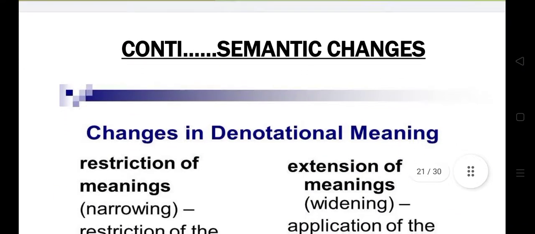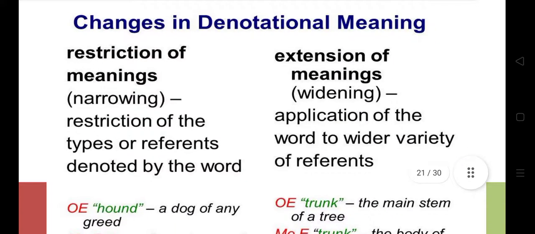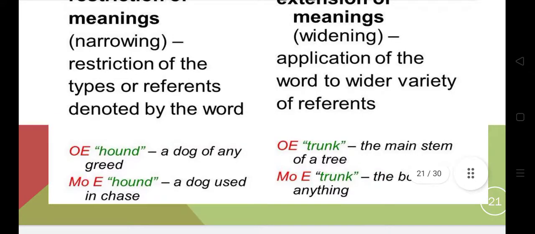Then semantic changes in denotational meaning. Restriction of meaning, that is narrowing, is a restriction of the type of thing denoted by the word, and the opposite of this is extension of meaning, which is widening, the application of a word to a wider variety.